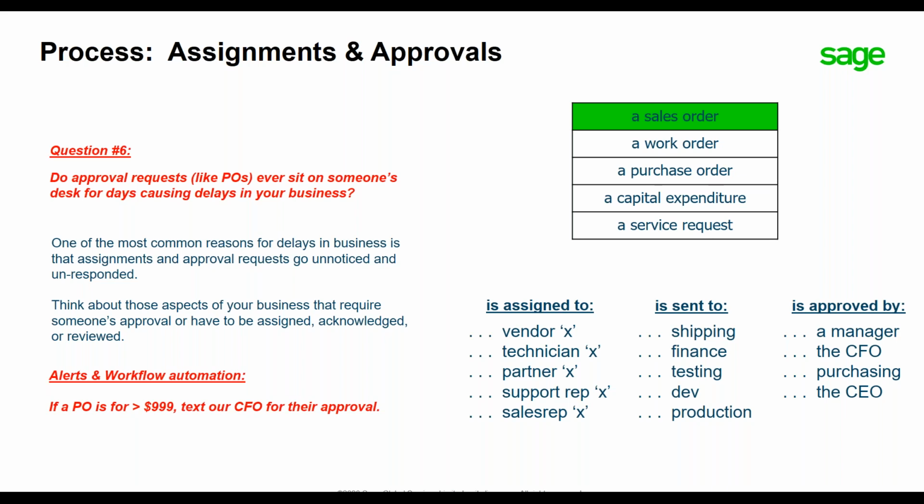So you may find that things are going on in your business and someone's got to be approved, and it's sitting there because the person that needs to approve is on PTO, right? So we want to be able to monitor those types of things to keep the process moving and get orders to cash as fast as possible.